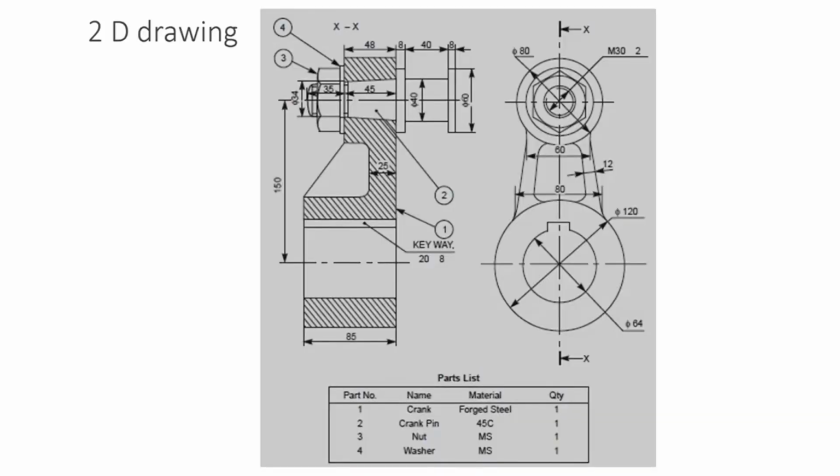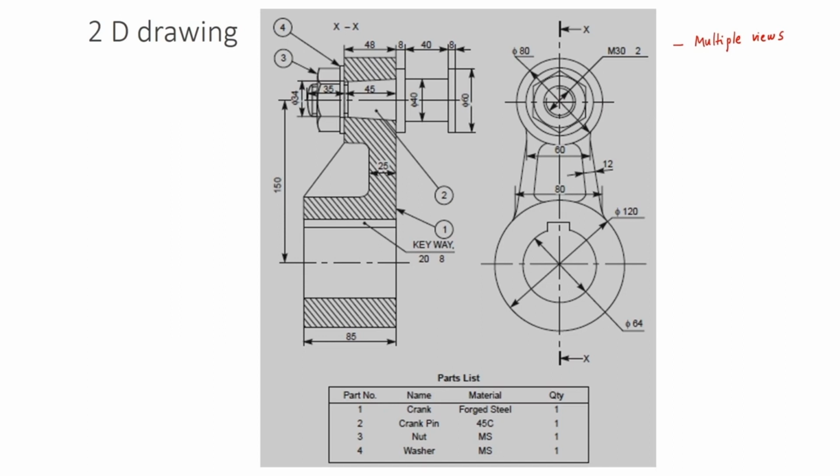Well, now let us look at the modes to visualize the product in the digital environment. The first mode of visualization is 2D, that is a two-dimensional mode. On your screen, you can see a crank assembly. This crank assembly is being shown by using two different views. For 2D modeling, we need multiple views, more than one view, to communicate the information about the product.